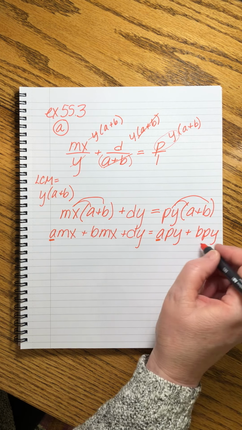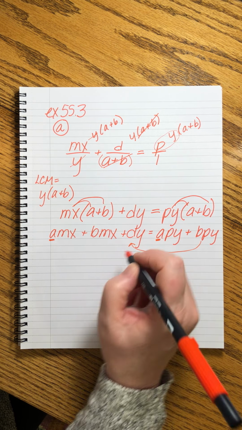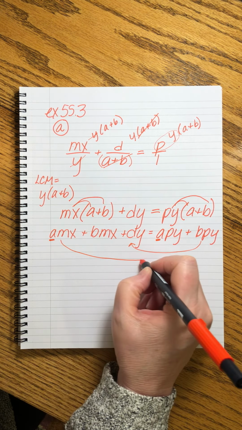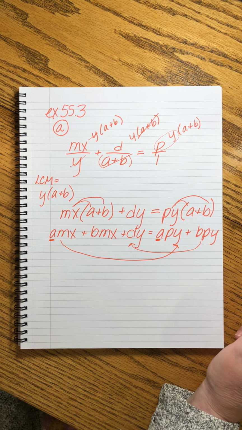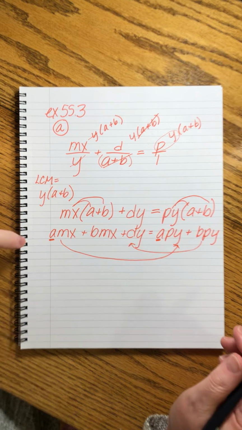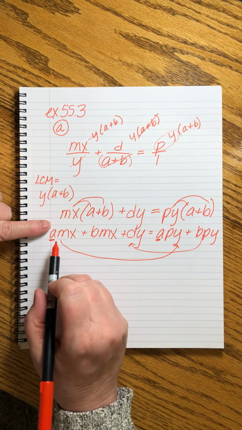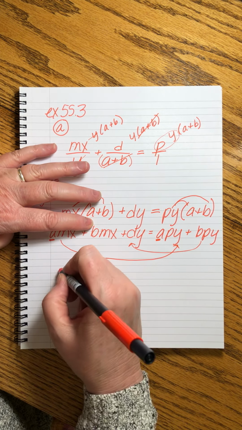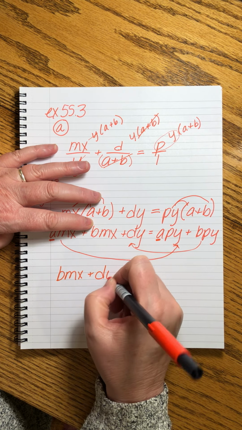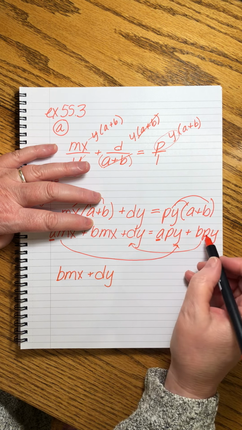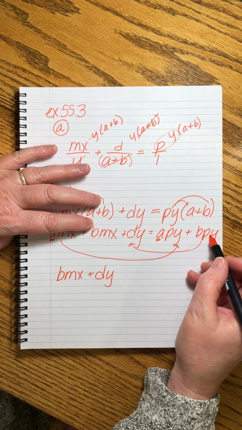I'm going to send him over here and this one over here. All right? I'm not going to write it down as an algebraic step. I'm going to use my brain. This one's going away, so I'm going to have BMX plus dy, and then this one will come over. He's positive here. When he changes sides, he will change signs.